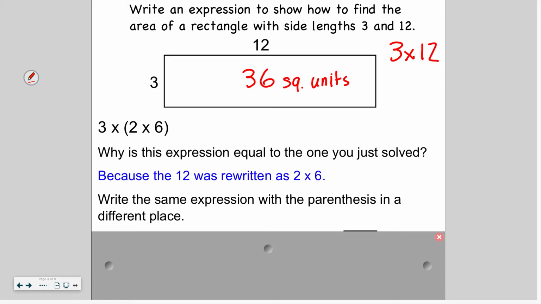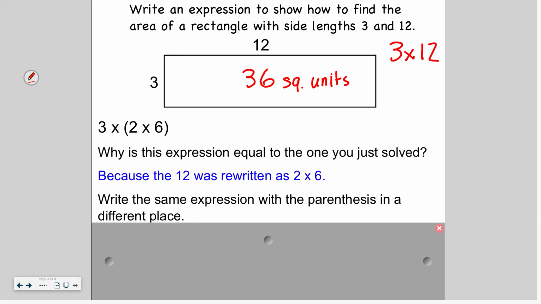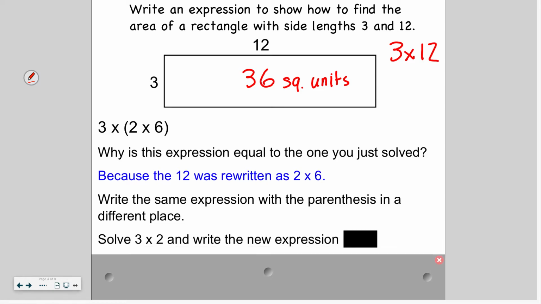So let's write the same expression with the parentheses in a different place. Rewrite the same expression and just switch the parentheses. What would that new expression be? So that new expression would be 3 times 2 times 6, except I would have the parentheses around the 3 and the 2.